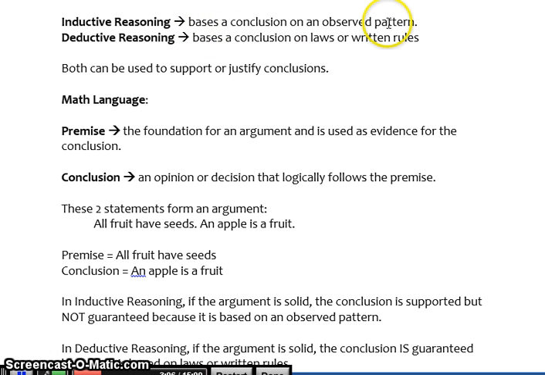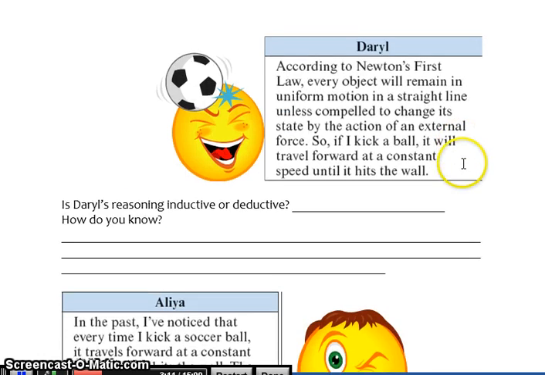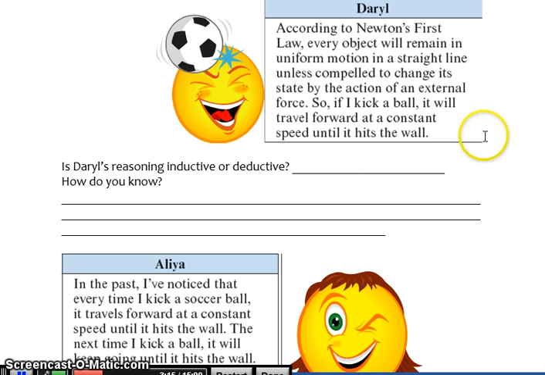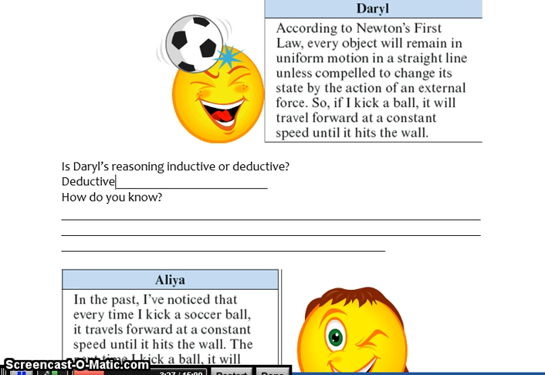Inductive is based on a pattern. Deductive is based on written laws or rules. Daryl's conclusion is that if he kicks the ball, it will travel forward at a constant speed until it hits the wall. Since he's basing that on Newton's first law of motion, a law or written rule, that is deductive reasoning.